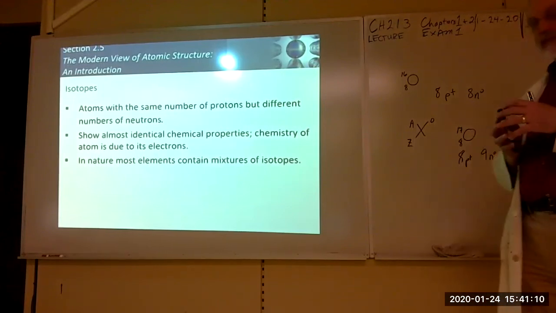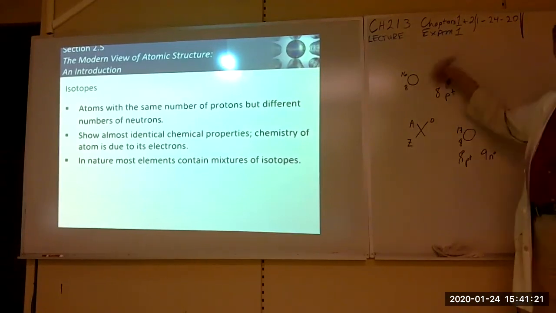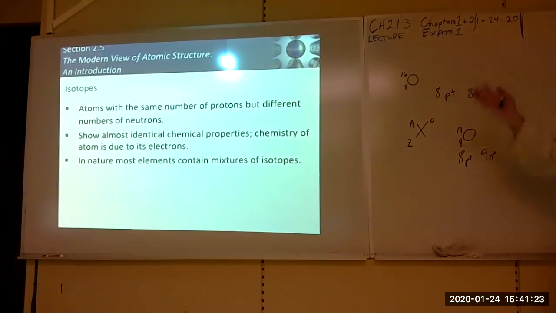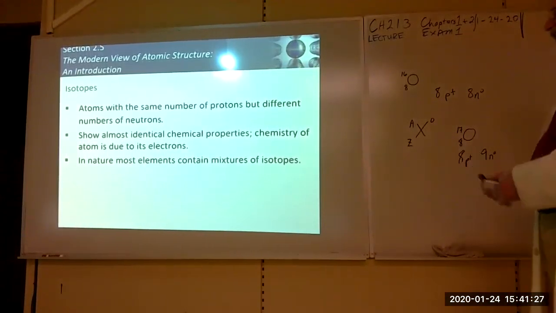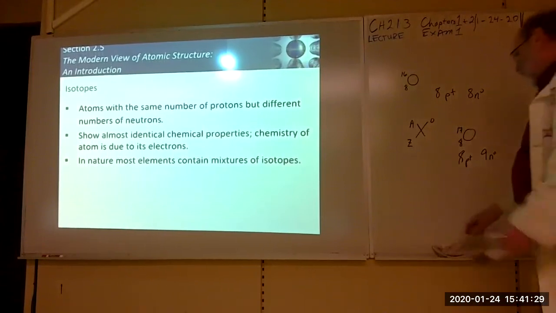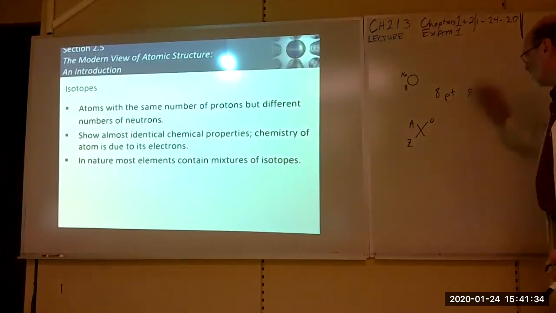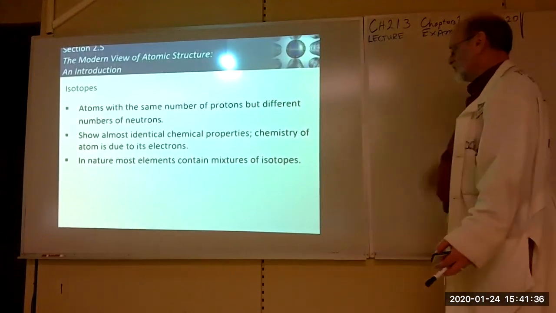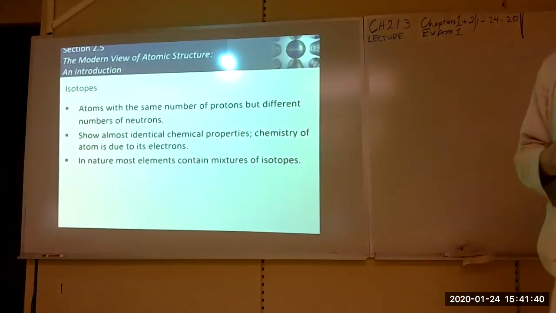Okay? So this oxygen, since it has 8 protons, if it's a neutral atom, it'll have 8 electrons out here. This one has 8 electrons out there too. So chemically, they behave the same. Okay, those are isotopes. Now, a naturally isolated sample of oxygen, or any element for that matter, will have a mixture of isotopes.